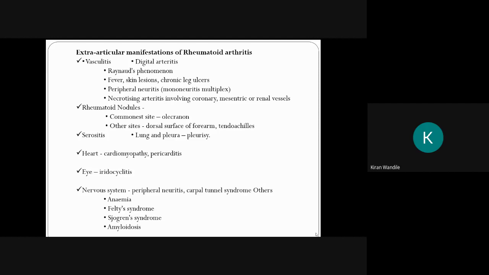Then other sites like the dorsal surface of the forearm, tendo-achilles, lung and pleura are involved, serositis, pleurisy, cardiomyopathy, pericarditis in the heart, iridocyclitis, then nervous system involvement, peripheral neuritis, carpal tunnel syndrome, anemia, Felty's syndrome, Sjogren syndrome, and amyloidosis.